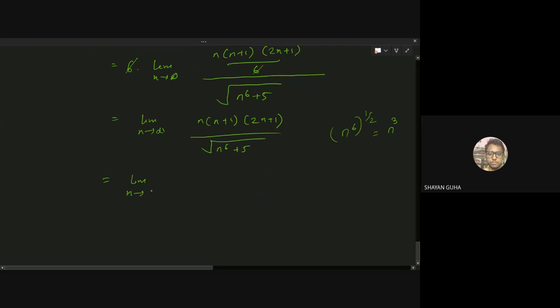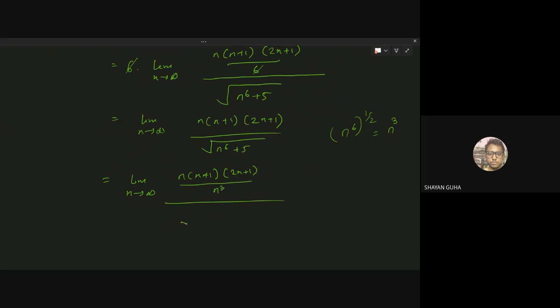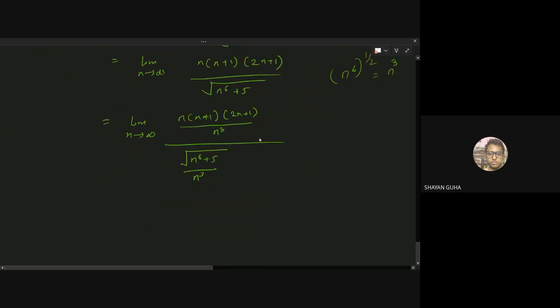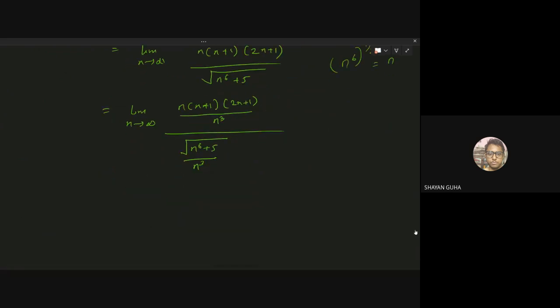So I can write n into n plus 1 into 2n plus 1 divided by n cube. This totality can be divided by root over n to the power 6 plus 5 divided by n cube. This can be written as the limit as n tends to infinity.